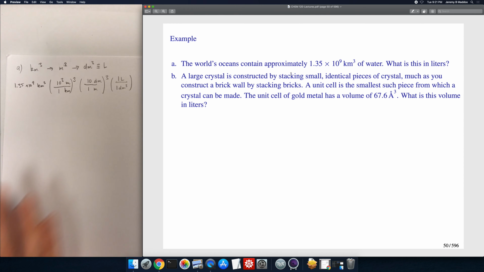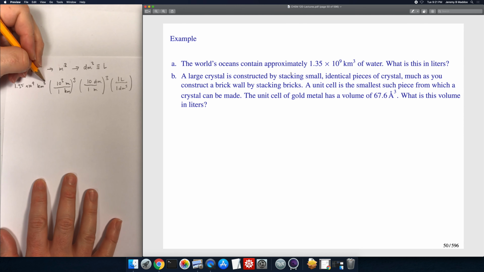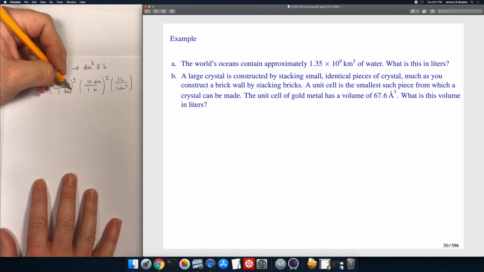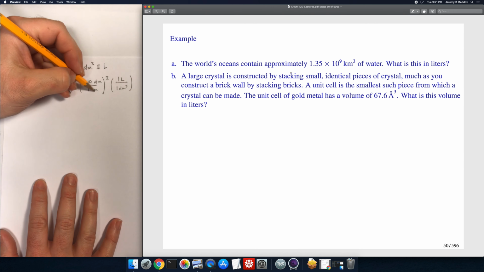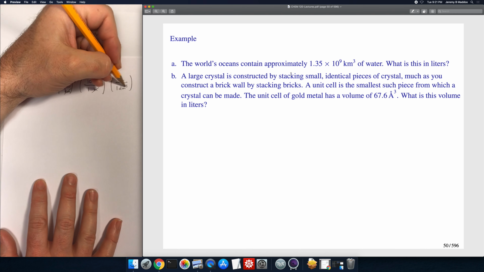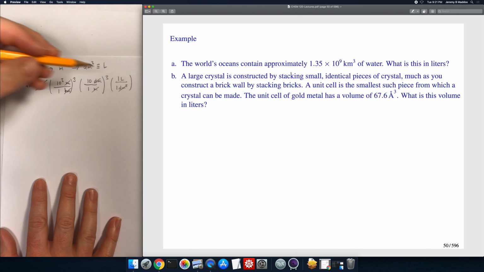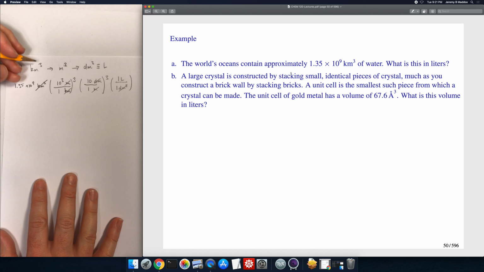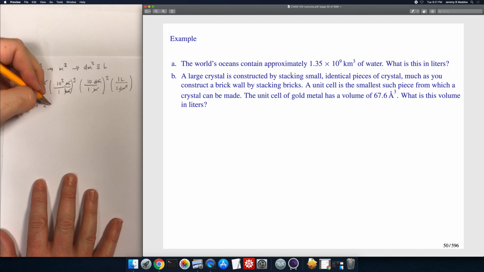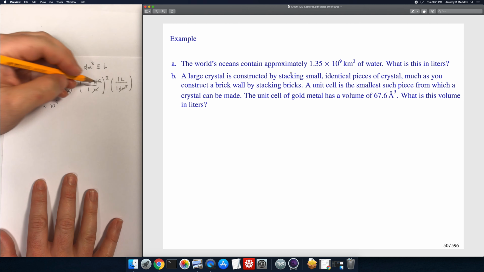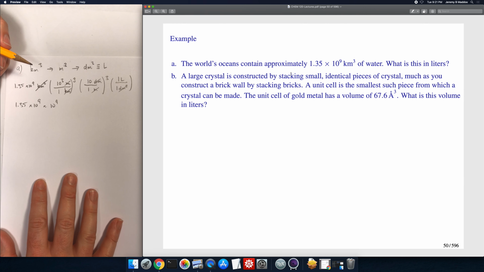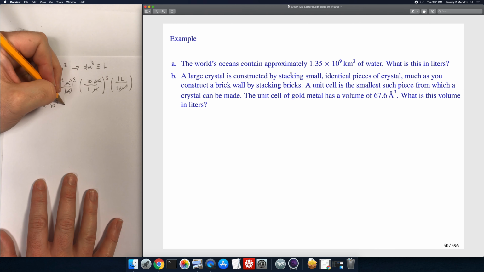Okay, so this is the calculation that we want to perform. We see that the cubic kilometers are going to cancel, the cubic meters are going to cancel, and the cubic decimeters are going to cancel, and we'll be left with liters. So this will be 1.35 times 10 to the 9th. This part is going to be 10 to the 9th. This part is going to be 10 to the 3rd.